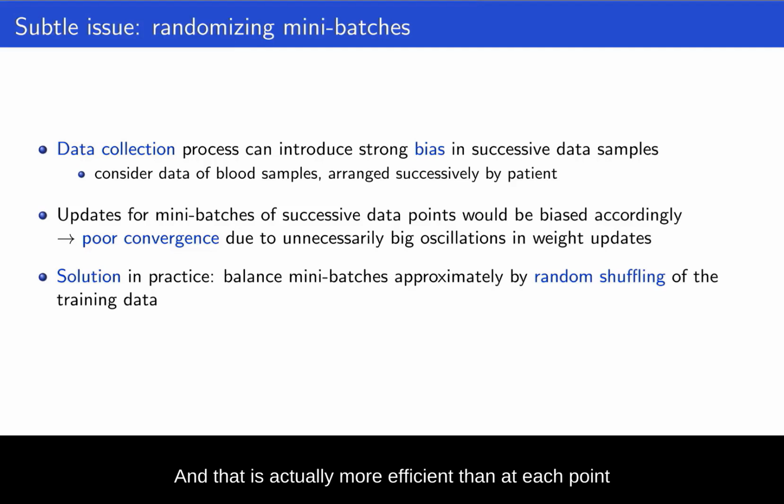That is actually more efficient than drawing uniformly at random from your data set at each step. And in fact, iterating over all your data points once using SGD is called an epoch of SGD. So an epoch touches every data point once.